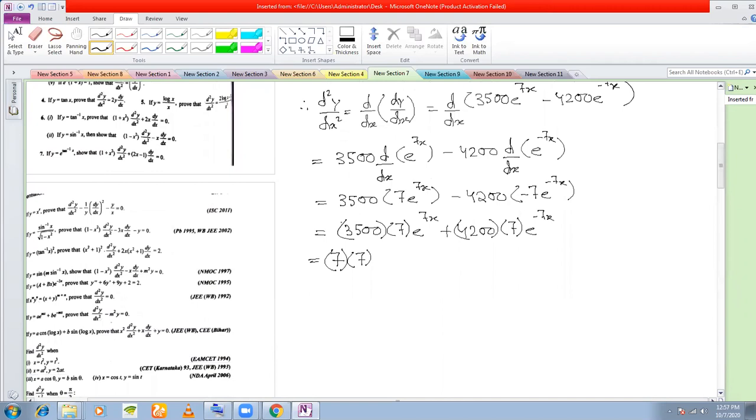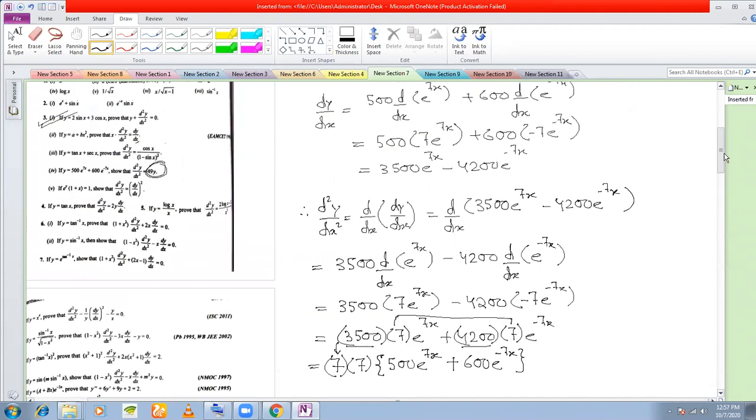So I take these two sevens out, this 7 and this 7, and I take another 7 out from these two. If I take 7 out, what am I left with here? 500 e to the power of 7x. And here I'm left with 600 e to the power of minus 7x.